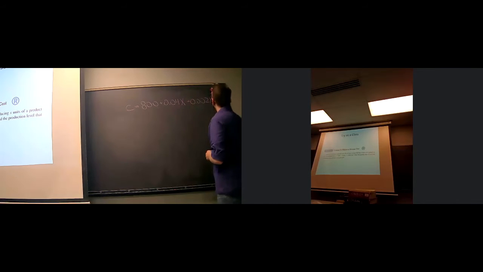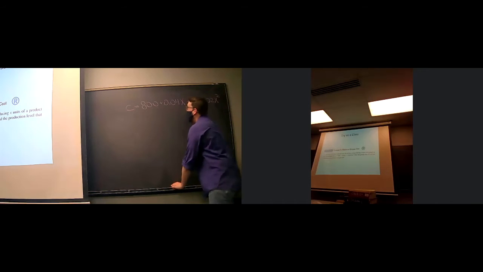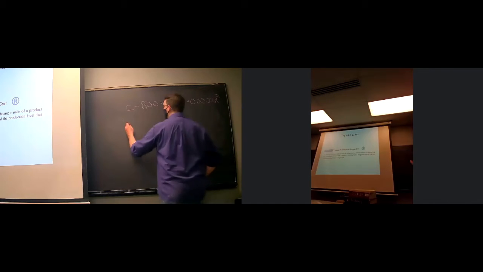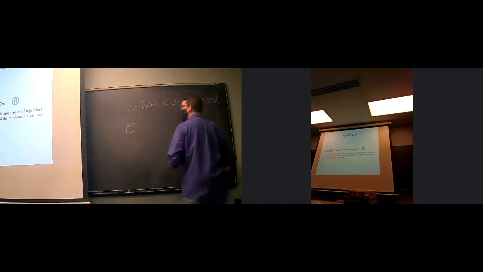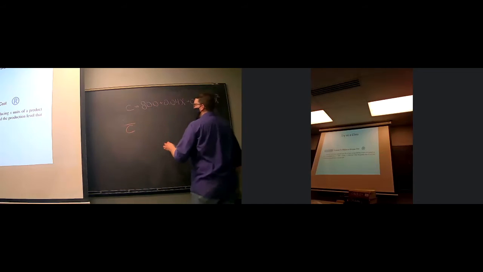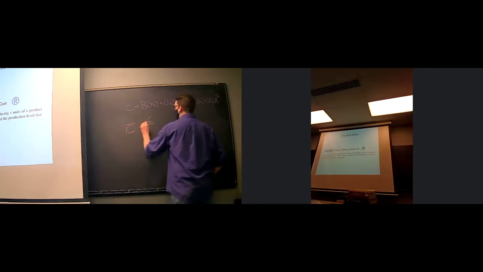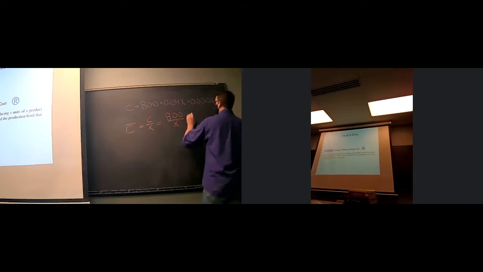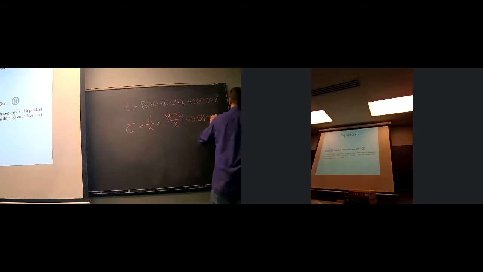Thank you. All right. So, if this is, again, the bulk cost, the average cost, or cost per item, is going to be this divided by x, or 800 over x plus 0.04 plus 0.0002x.